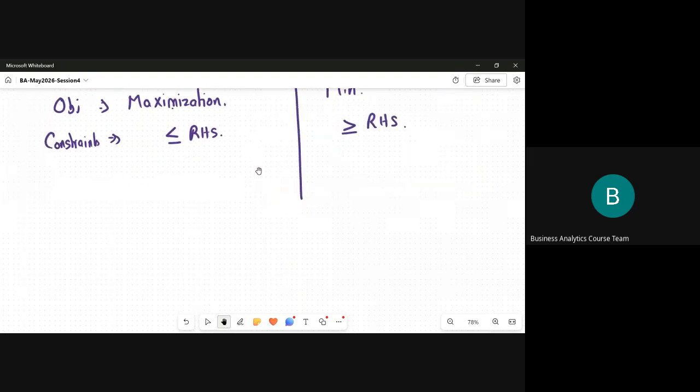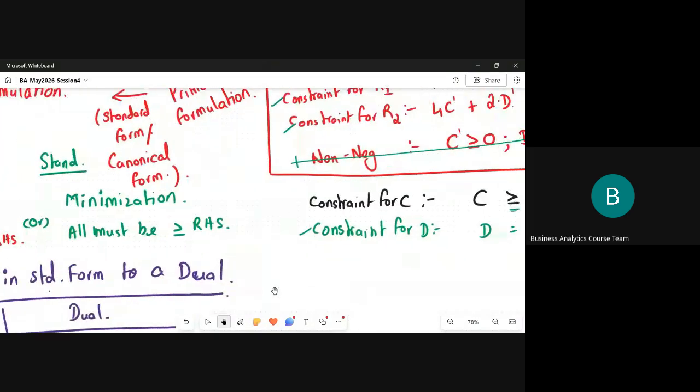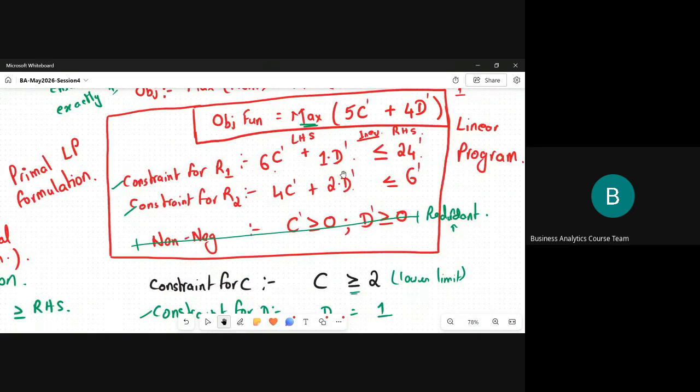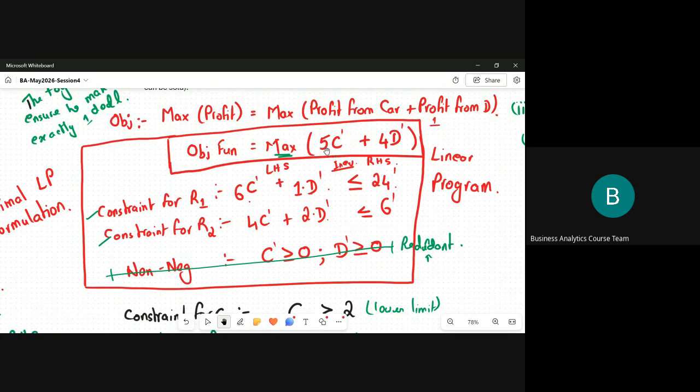Then, in the primal, what will be the objective function coefficients? For example, in this formulation, the objective function coefficients are basically 5 and 4. For every car that I sell, I'll make a profit of 5.